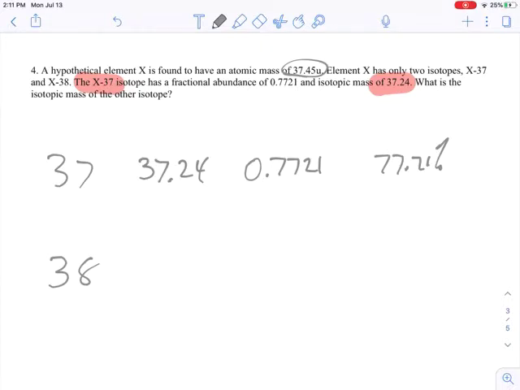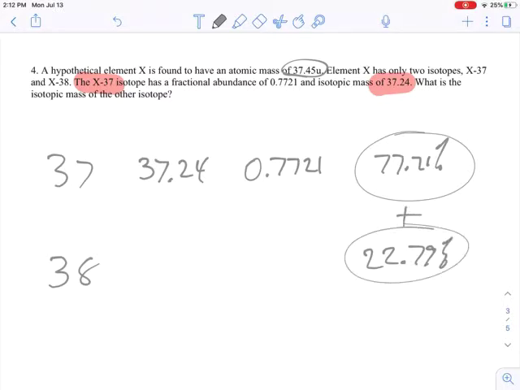So if this guy here is 77.21, then by logic, this guy here would have to be 22.79%, because those two added together have to be 100%. So by telling you that this guy is 77.21, they're also telling you that this guy here is 22.79.